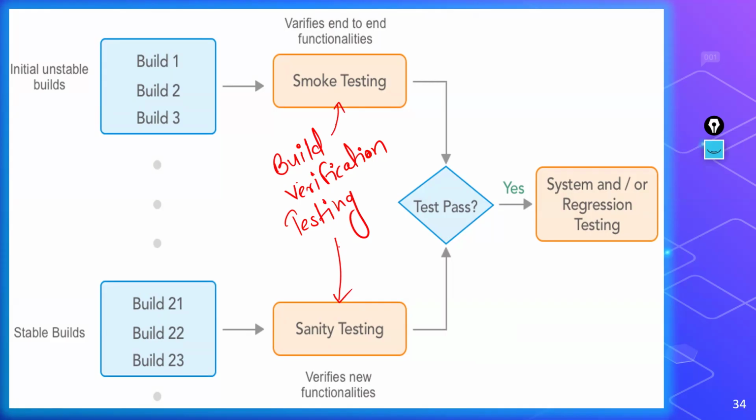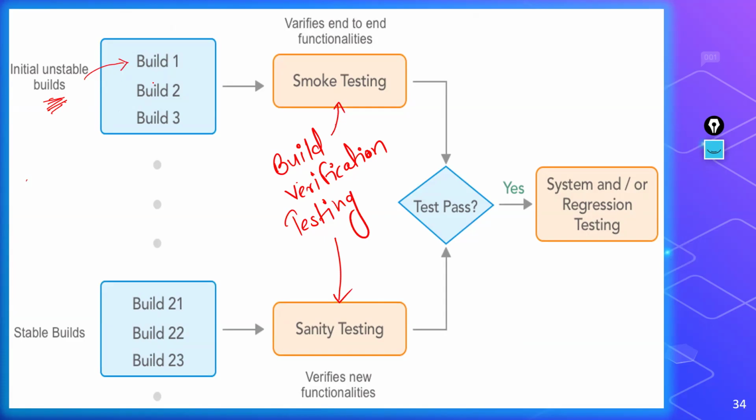Right. Now, what happens in this case? Smoke, we did that for the basic functionalities to verify. But you know that every time the development team makes any changes to that application, we will call it a new build.